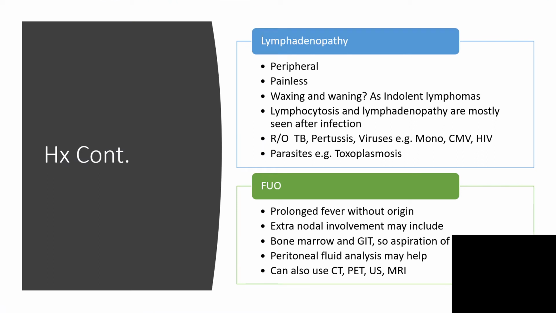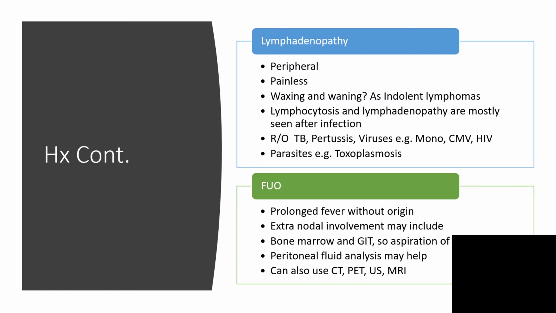Still on history, ask about the history of possible lymphadenopathy if the individual had perceived it or been diagnosed with it in the past, because in case of indolent non-Hodgkin lymphoma, the main presentation will be waxing and waning lymphadenopathy with some organomegaly, like hepatomegaly or splenomegaly.